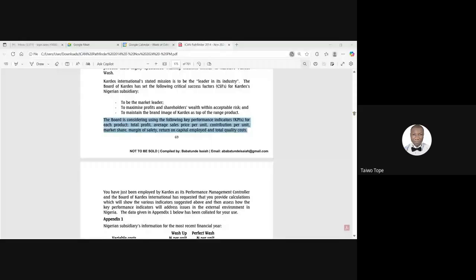But to measure it, you measure it in values, in figures. I'm just trying to do a fictitious assumption. Market share shows how much of a total market sales or demand a company controls compared to its competitors. It is a percentage of total sales in a market that is captured by a particular company. It can be product, it can be brand, over a specific period of time.